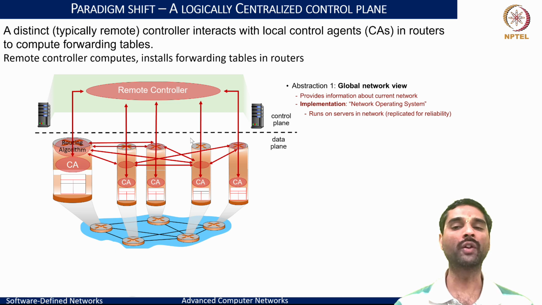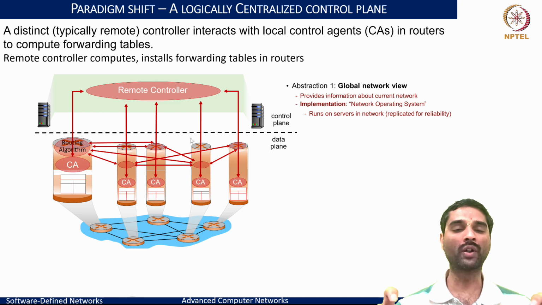That way, if we shift the control plane up, that is, externalize the control to a remote controller, which is now able to build the global view, then we would have achieved our first abstraction. What that means is to take out the routing algorithm that is running within each of these routers and externalize it to a separate server machine that is running outside.